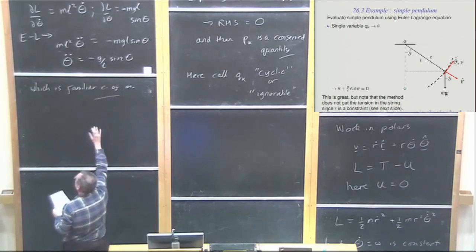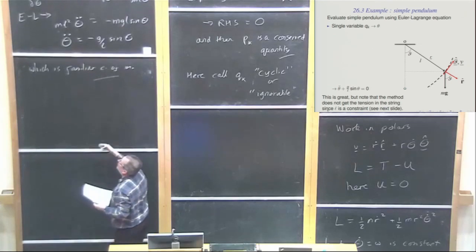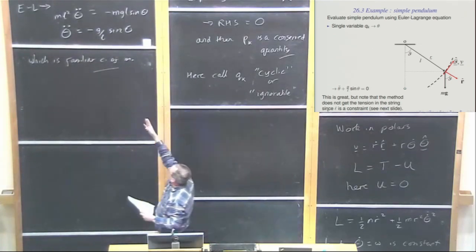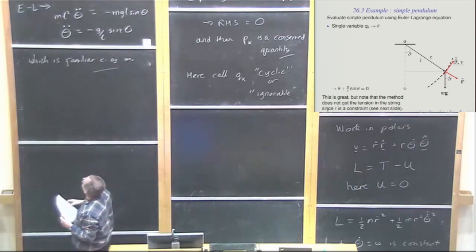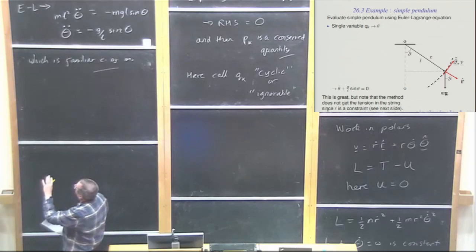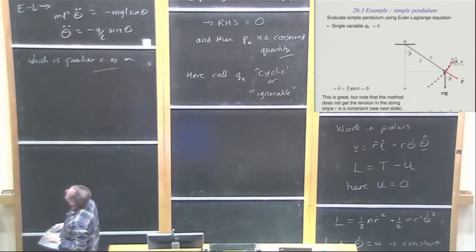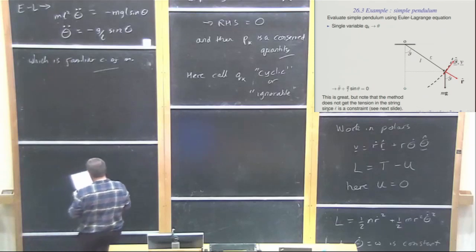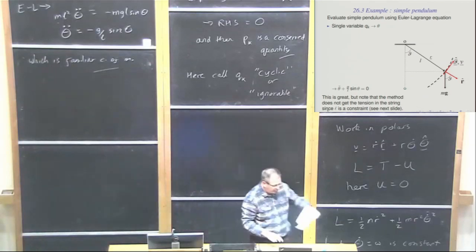This newfangled French approach has not managed to do that. It's just told me the theta dependence, so it can't be as good. But we can set things up in a slightly different manner, so we can find out about the tension in the string. So let's see how we do this.